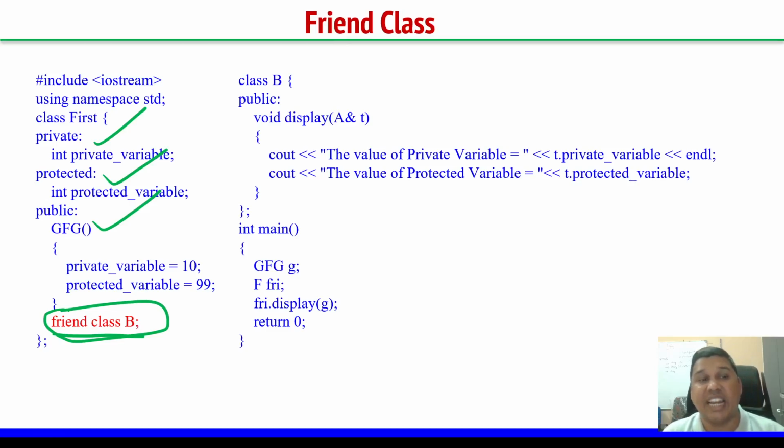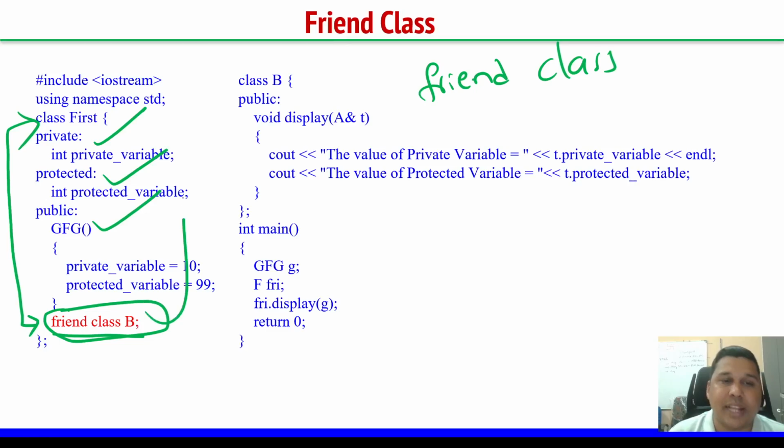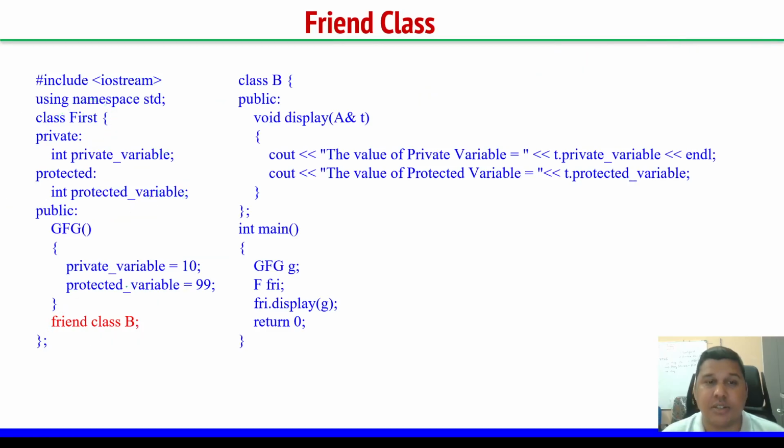You can write it anywhere in the class body. Just one line: you write the keyword friend, then class, and which class you want to make a friend, that is class B or class second, whichever you want. When you write like this, A and B become friends.